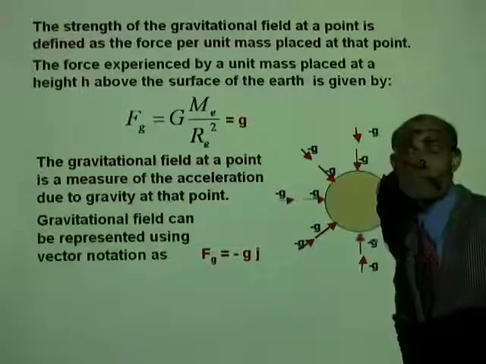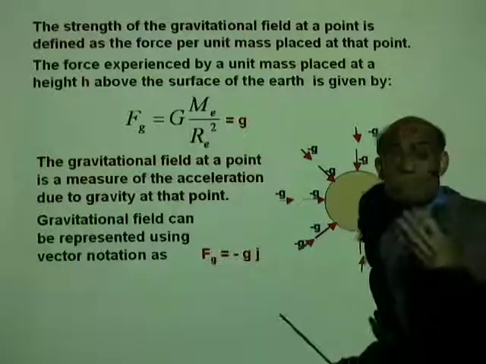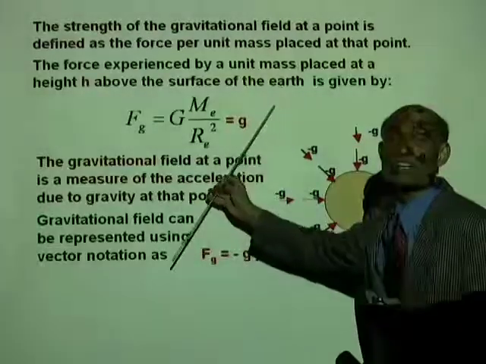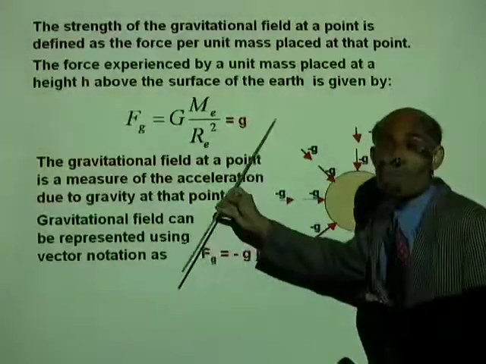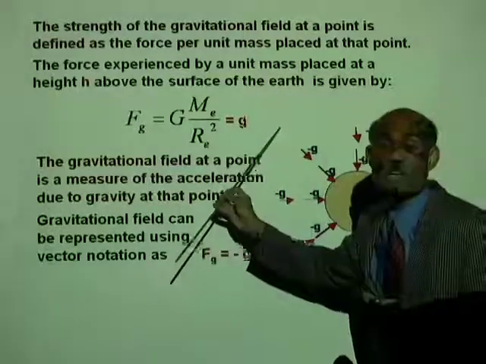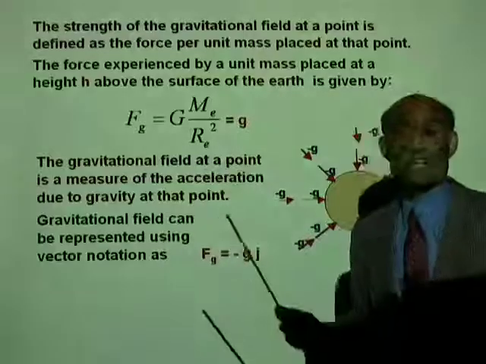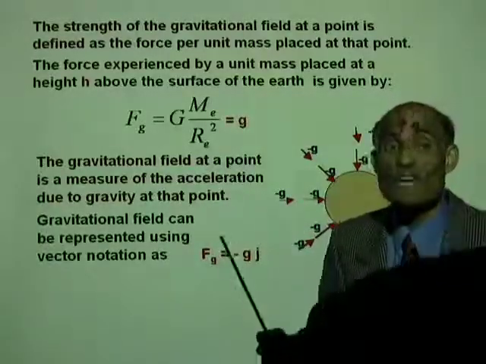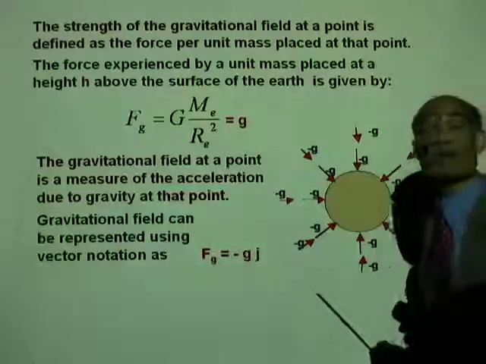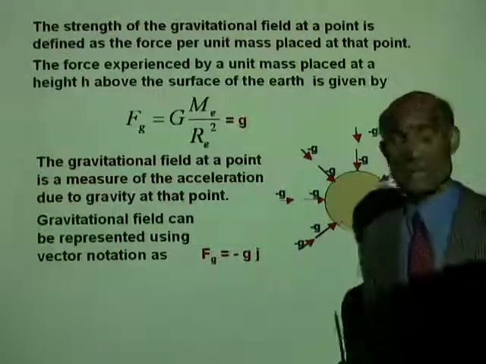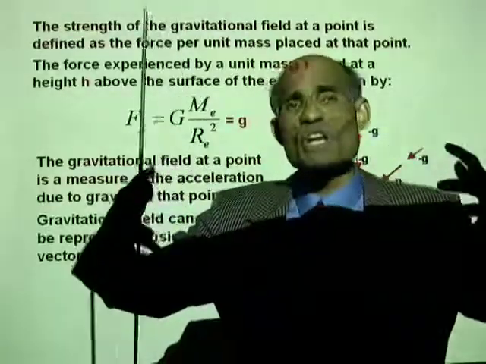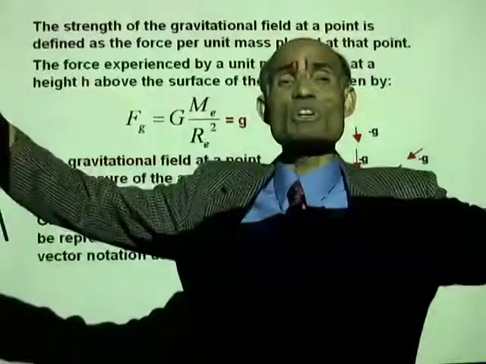The length of the arrow represents the magnitude of the field. So as you go away, the length of the arrow becomes smaller and smaller, indicating that the value of g is becoming smaller and smaller. The gravitational force field becomes weaker and weaker as we go away from the surface of the earth. Now, will there be a point where the gravitational force field due to the earth is absolutely zero?